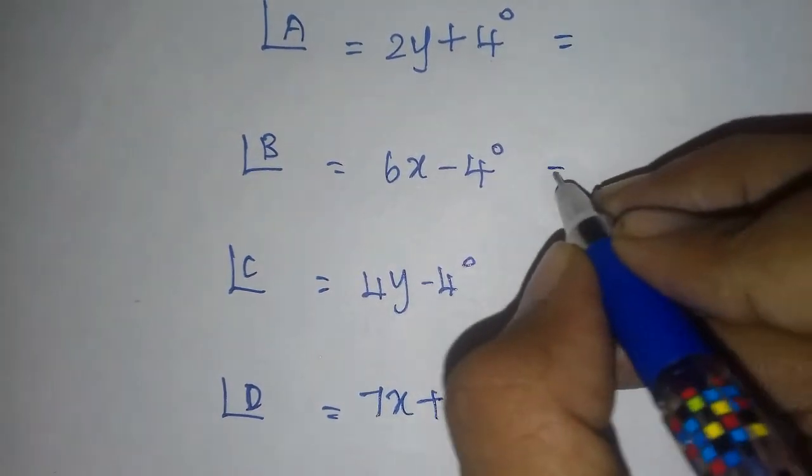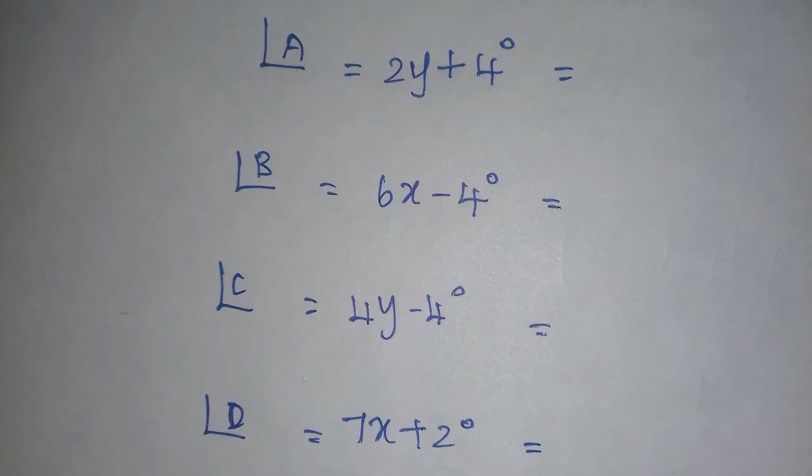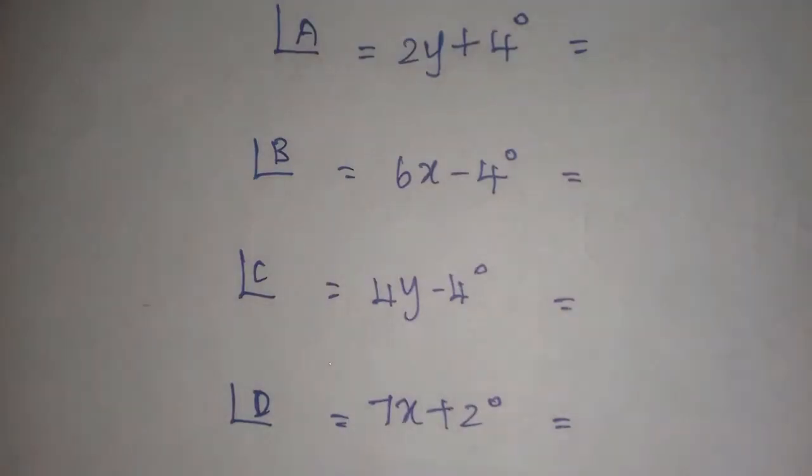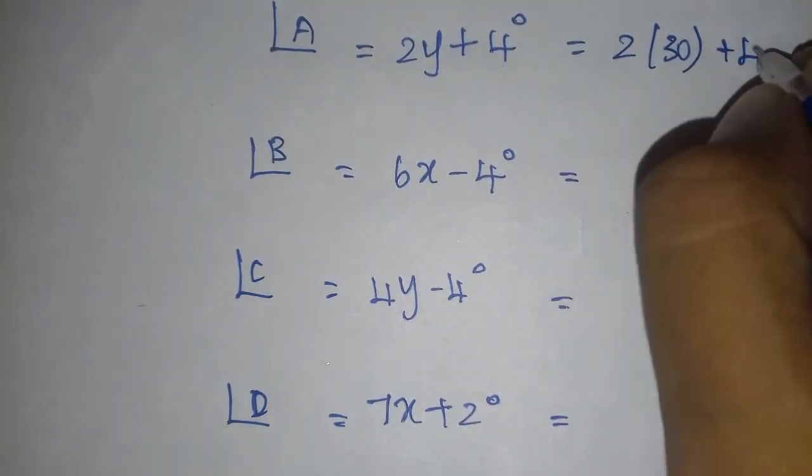Now we have to substitute the value of y and x in every angle. What is the value of y? Value of y is 30 degrees. So 2 into 30 plus 4.